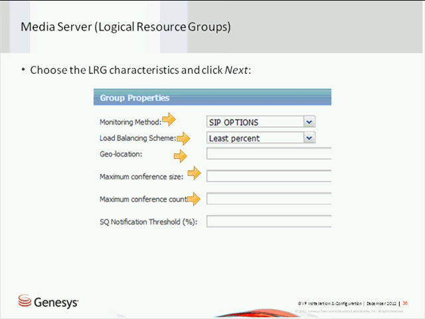You can also add, for the MCP groups, some conference limitations, as well as set the service quality notification threshold. Basically, the reporting server keeps track of how long it takes things to get done. So however long it takes from the actual call start to, say, play the first prompt, or how long it takes to fetch a certain page.